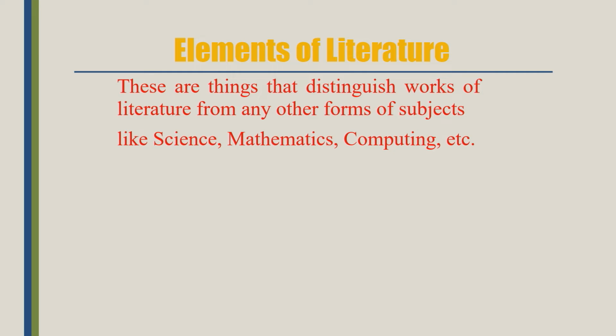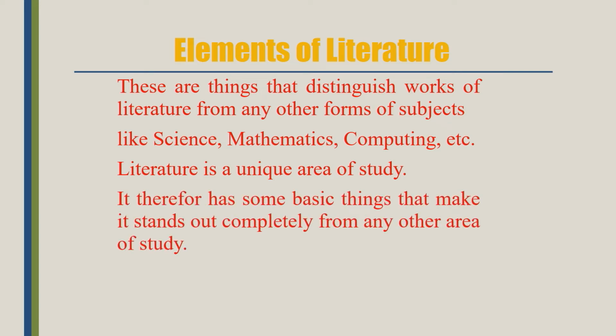There are certain things that are just unique for literature. We say literature is a unique area of study. So because it is a unique area of study, it has certain things very unique to it. So it has some basic things that make it stand out completely from any other area of study. Do you get that? Good.